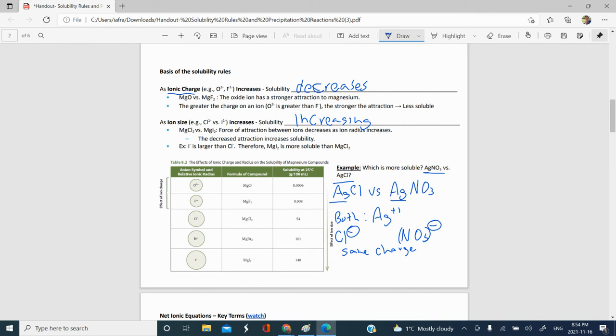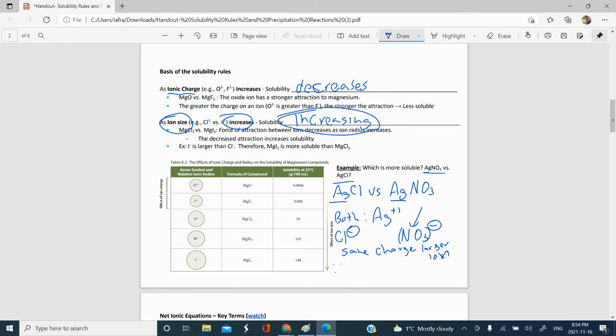So the only other factor that really remains is the size of the ion. If you look at it carefully, which ion looks larger? It's most likely the NO3, right? That's a larger ion because you have 3 atoms that make it up. And we saw that when you have a larger ion, that will increase solubility.